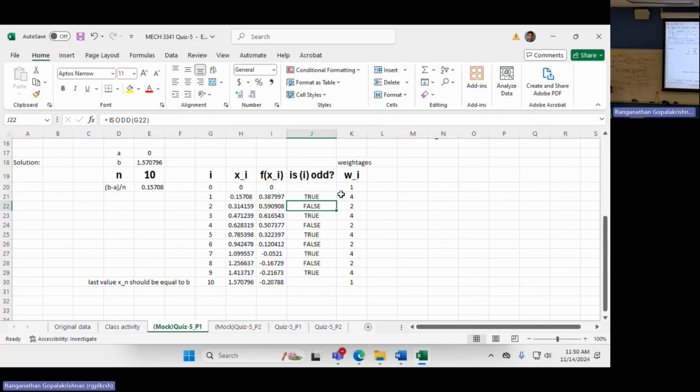Here's the rule: if it is odd, so what I did here is not manually enter this. I say if the is odd column is true, make it 4. If it is false or otherwise, make it 2. True means 4, otherwise 2.